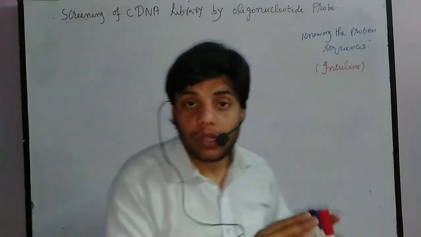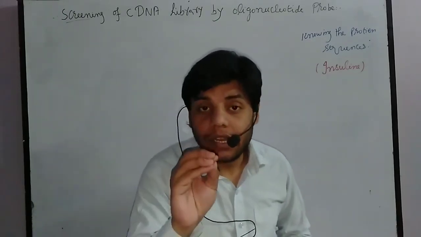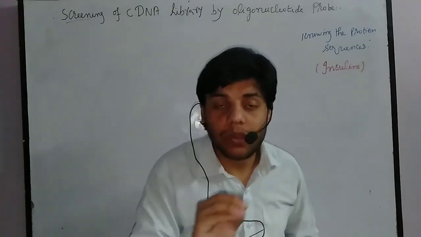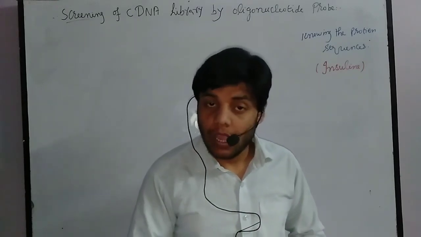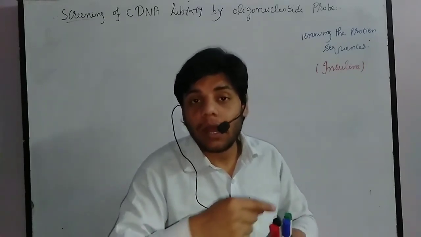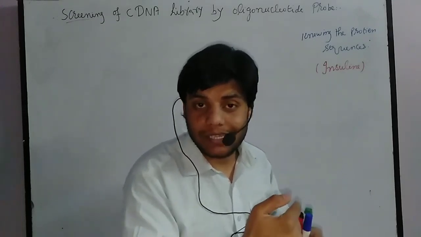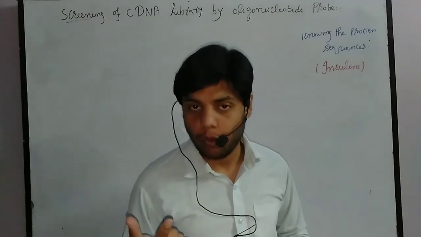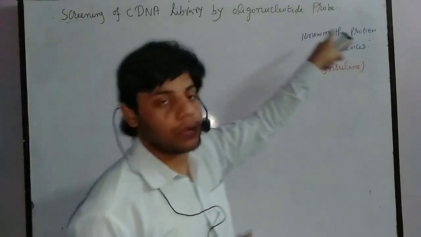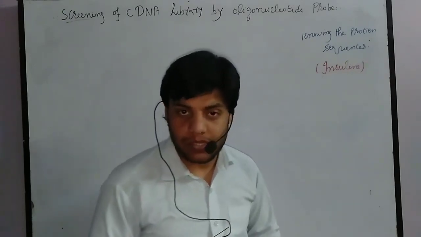Once we know each amino acid sequence, then the possible DNA sequences made according to it will be very easy to determine. After this DNA, we make a complementary DNA of this possible DNA sequence. We use this complementary DNA as a probe, which we call an oligonucleotide probe, because we can make it from the peptide sequences.